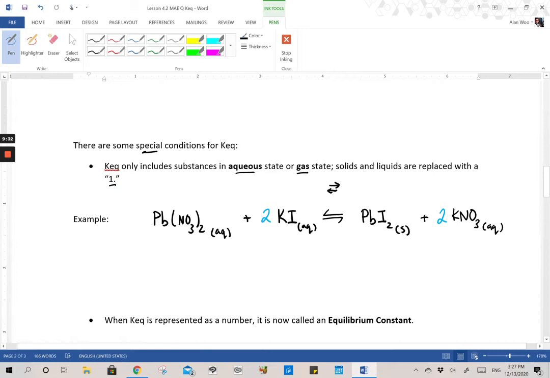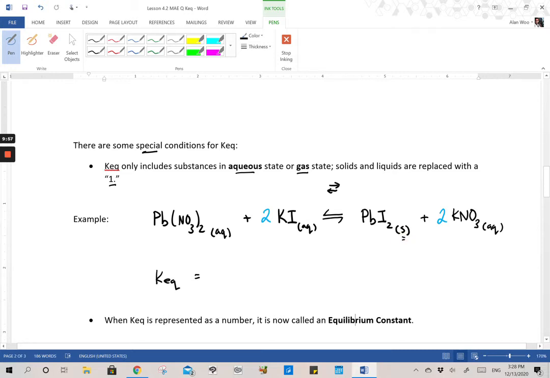Okay. So if we were to write out the KEQ expression, okay, the equilibrium expression, it's going to be products over reactants. But remember, we only involve anything that's aqueous or gas. So in our situation, the first substance, PbI2, is a solid.